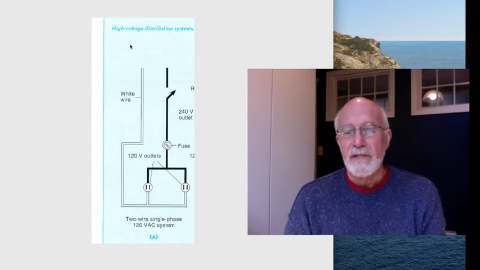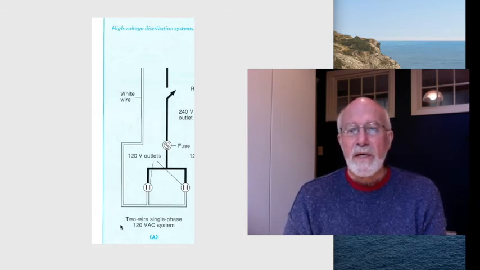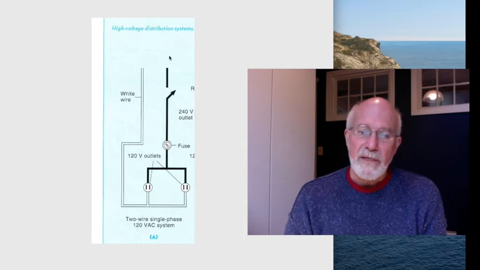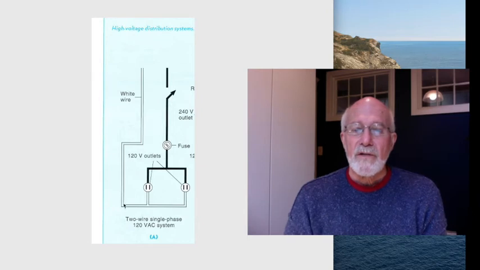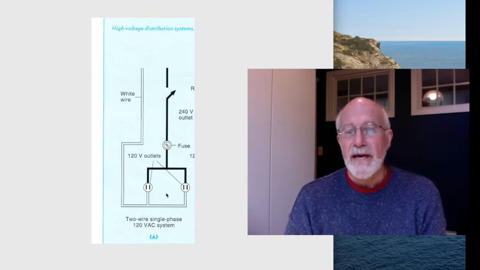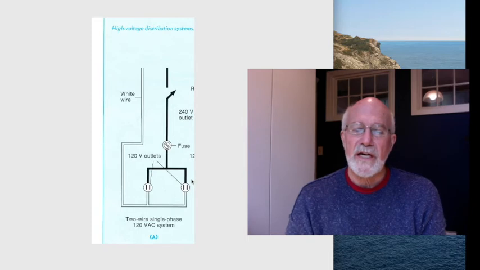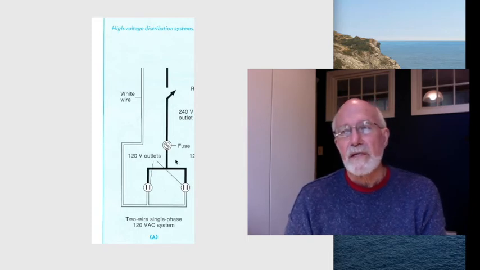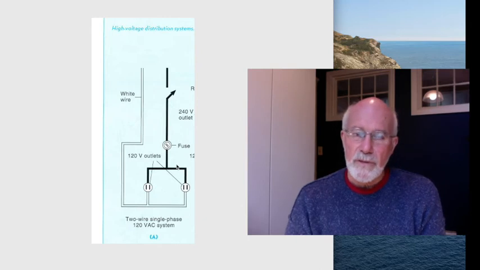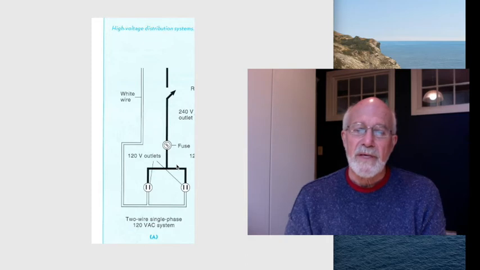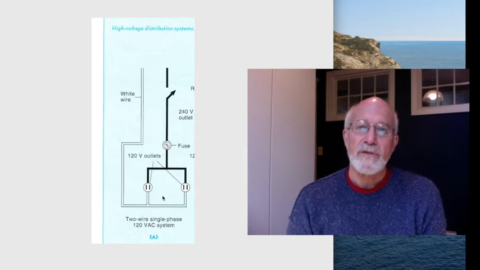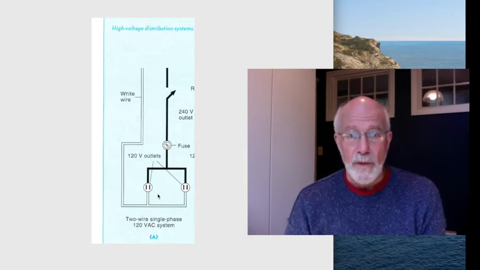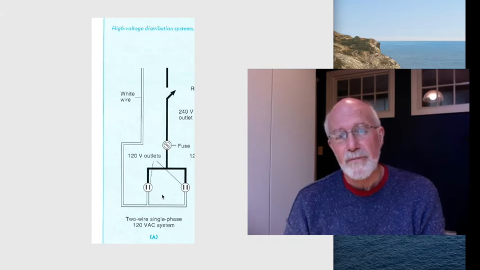You have in this drawing a white wire representing the neutral, 2 outlets, and those 2 vertical slashes are the configuration for a 120 volt 15 amp plug. It's missing a round hole, which would be the ground. I'll talk about that in a second.